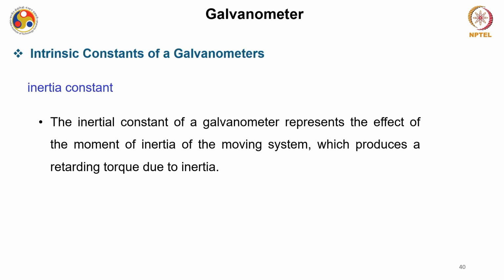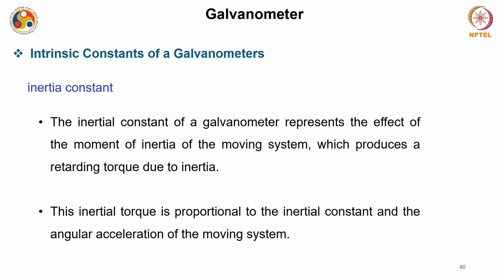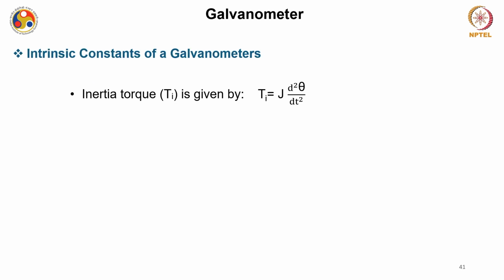This is very important. The second intrinsic constant of a galvanometer is the inertia constant, sometimes also called inertial constant. The inertial constant of a galvanometer represents the effect of the moment of inertia of the moving system, which produces a retarding torque due to already present inertia. This inertial torque is proportional to the inertia constant and the angular acceleration of the moving system.